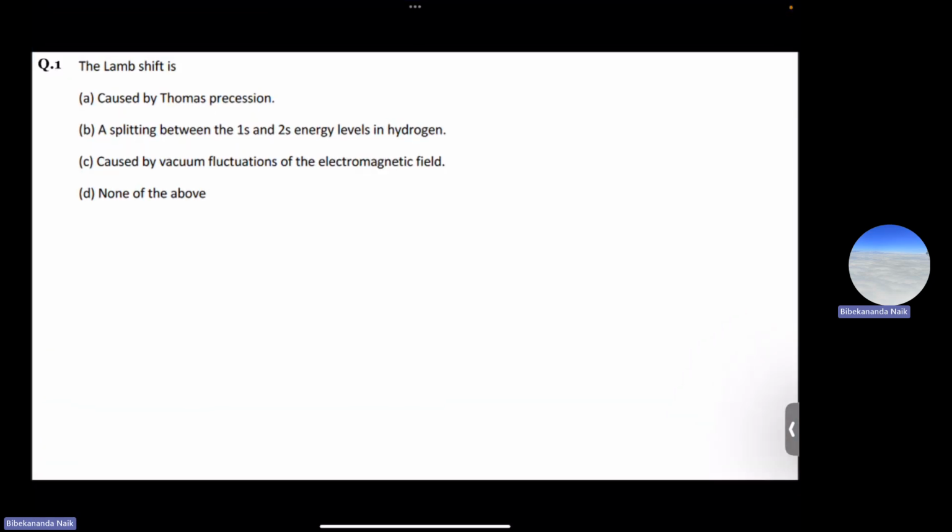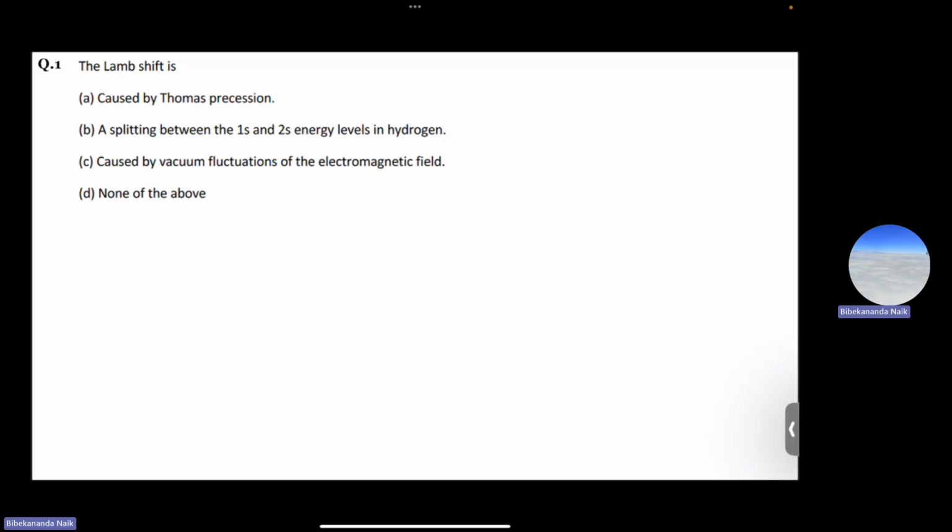So if we discuss this question, we had discussed a problem in the last interaction session. What was the Lamb shift? Basically, the Lamb shift is the energy difference between two levels which have the same value of n and j, but differ in their energies.